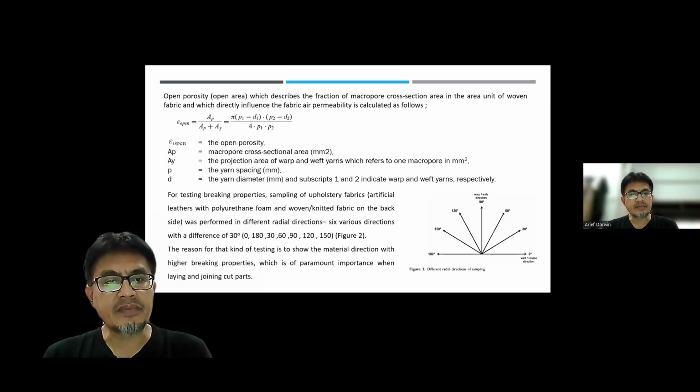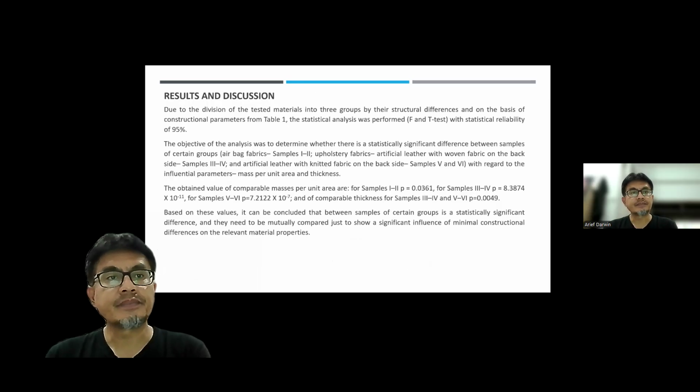The reason for that kind of testing is to show the material direction with the higher breaking properties, which is of paramount importance when aligning and joining the cut parts.